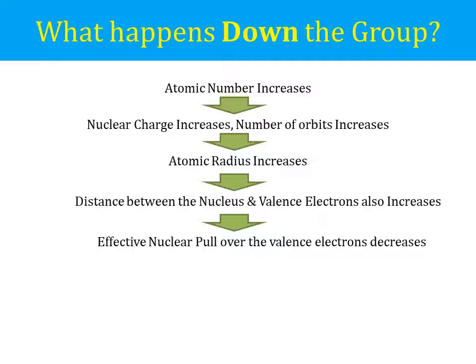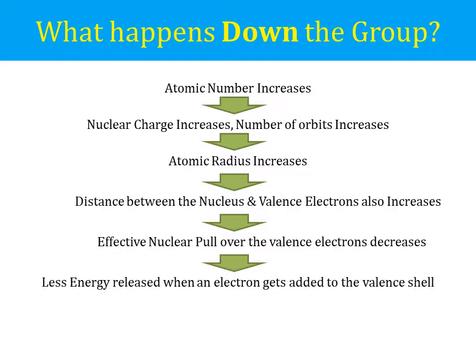And what's the effect of this? Less energy is released when an electron gets added to the valence shell. You may think, how is that possible?